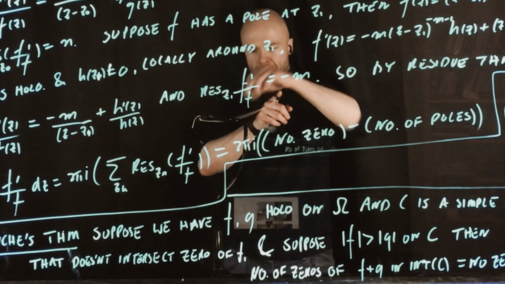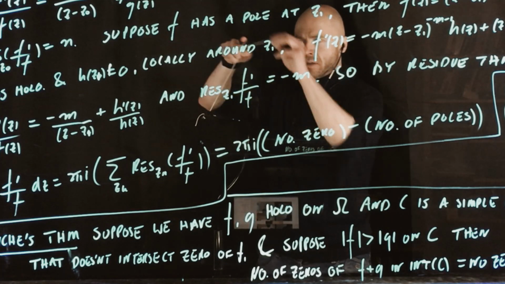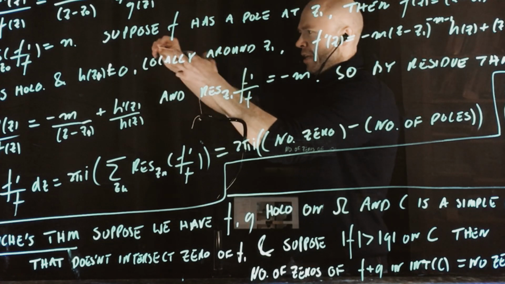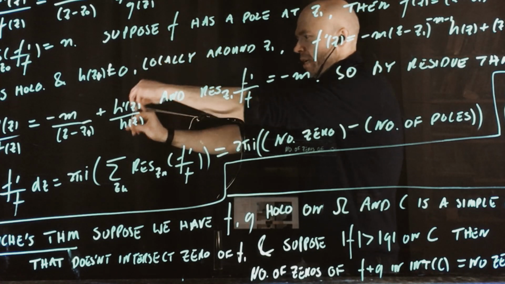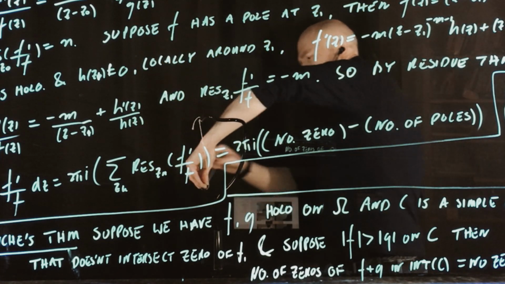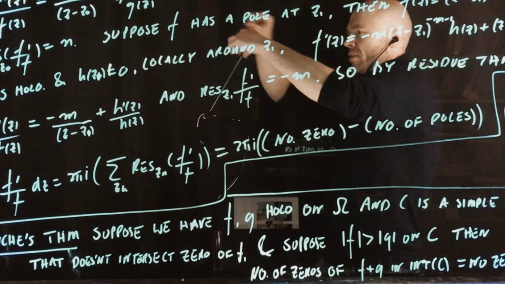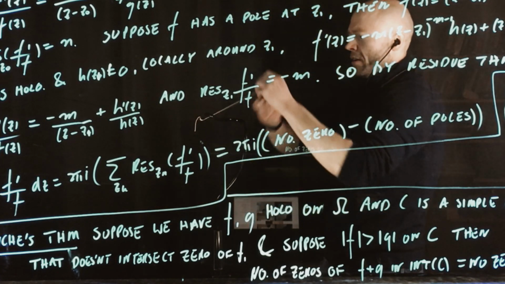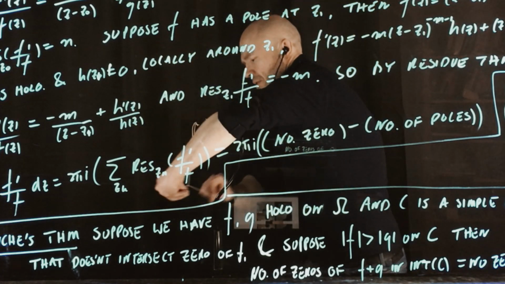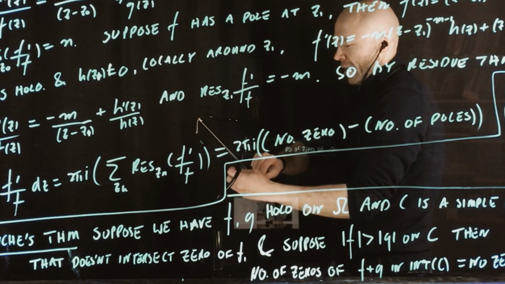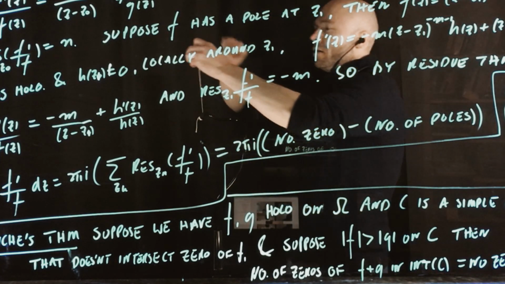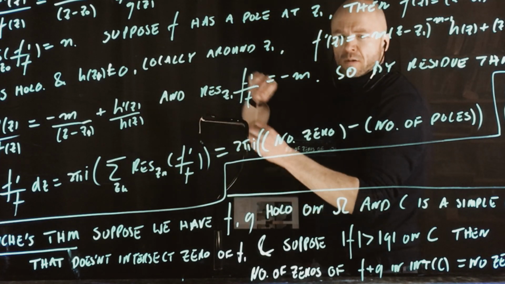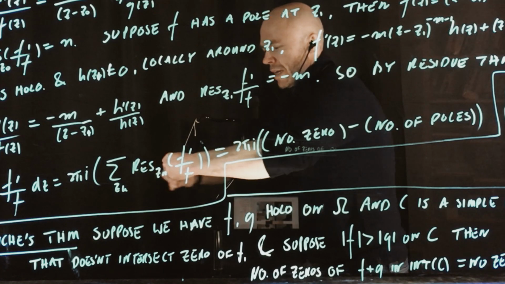Like G is going round like this, perhaps. G could be doing all kinds of weird stuff, going round, circling around, doing whatever it wants. But as F is going around 0, because G is restricted so that its absolute value is always less than that of F, no matter what it does, it's forced to go around the same number of times as F itself.